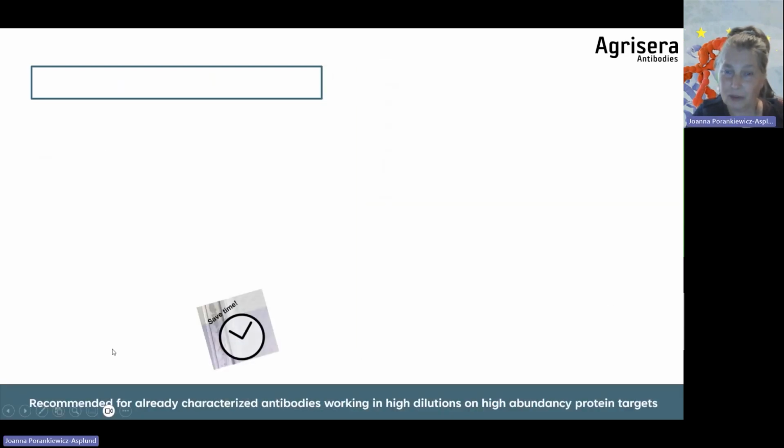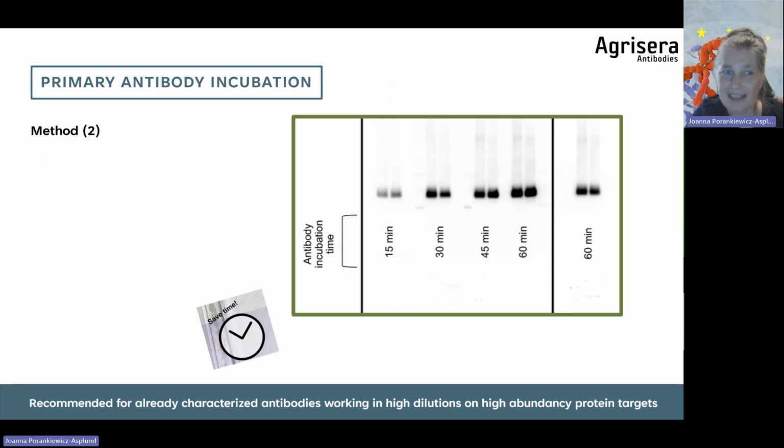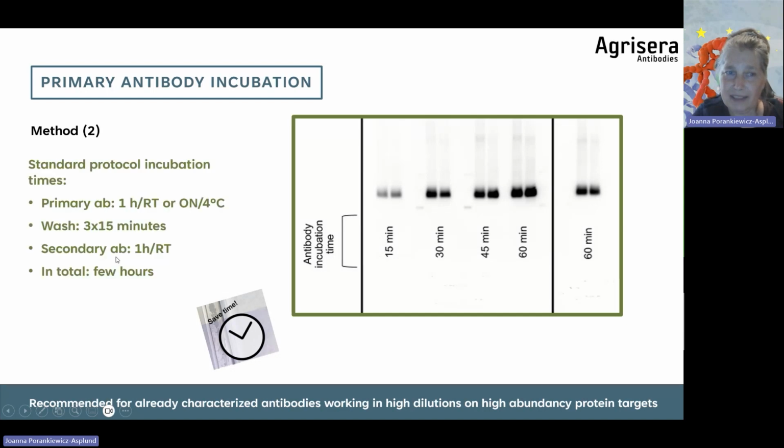A second method to save time is the following. We incubate everything at once. So primary, secondary, and blocking is done in one incubation. And this works for antibodies with high performance to proteins of high abundance.